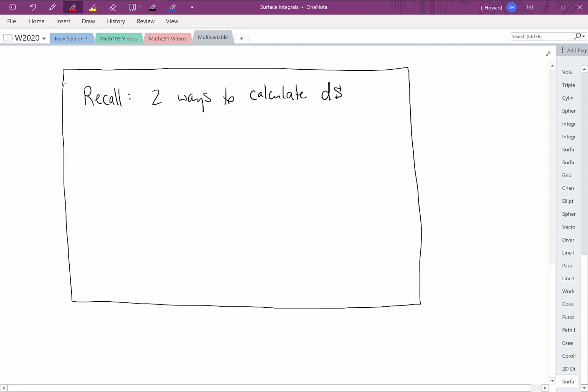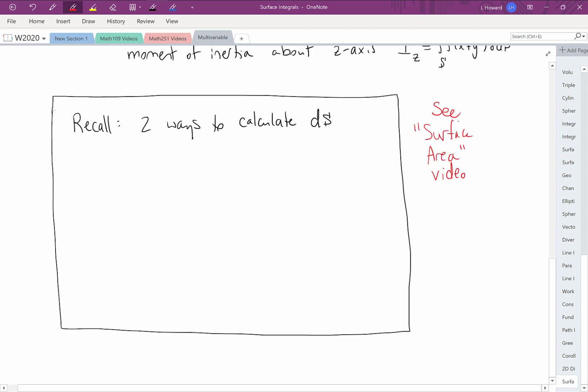Let's recall that there are two ways to calculate d capital S, so that we can jump into some calculations. If you want more context for this, I would suggest that you look back at the video called Surface Area, where we talked about these two formulas in more detail. So let's recap them here.